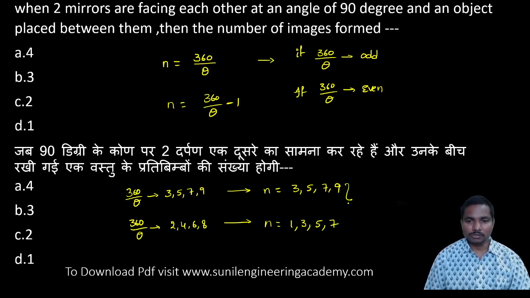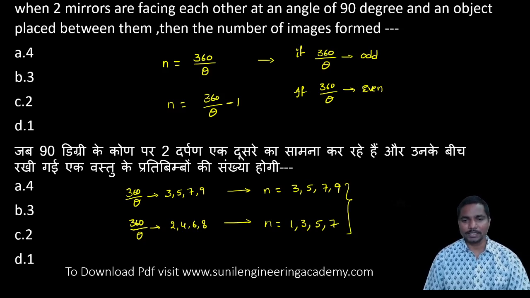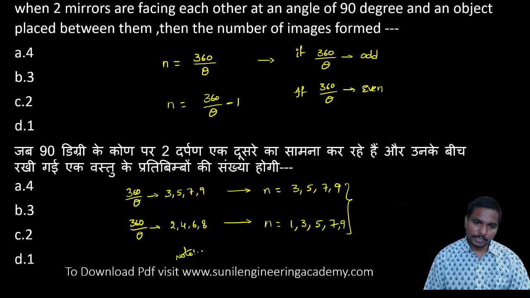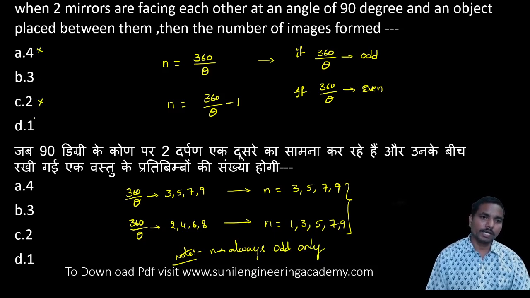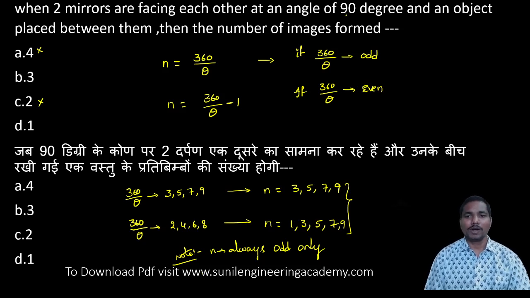So the number of images formed is always odd only. Keep this in mind. If they have given any even option, you can eliminate it. So what is the theta they have given? 90 degrees. Then what is the n?